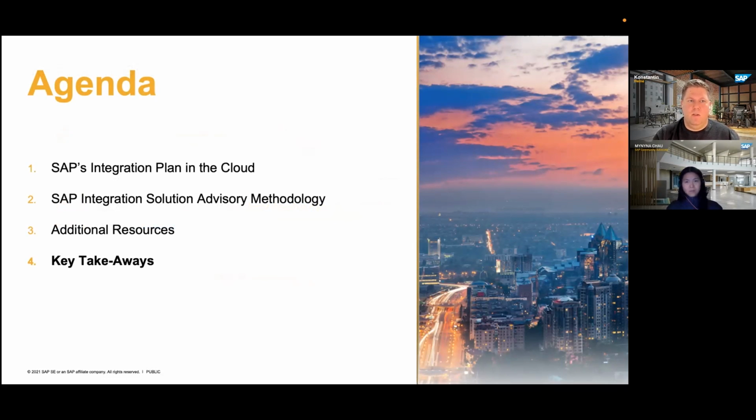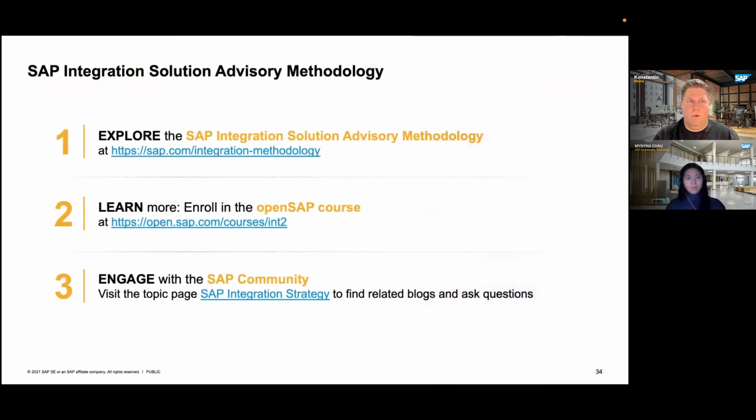And maybe it's also, now that you heard a lot of different terminologies and artifacts, not easy to understand how the relation between all the artifacts are. In this case, I would like to point you to the OpenSAP course. It's listed here under number 2. My colleague Katrin von Asen has created an OpenSAP course that really deep dives into the different steps of our methodology.